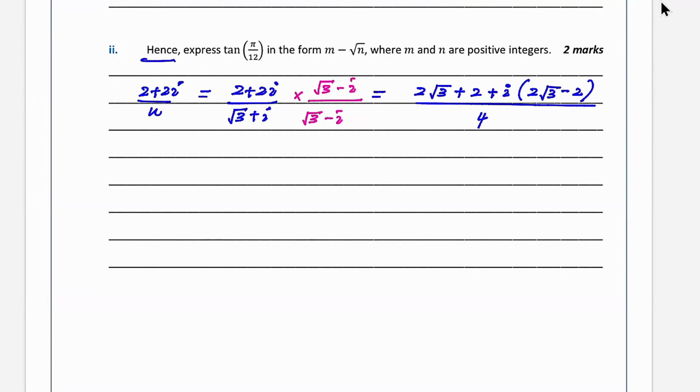Yeah. So this is going to be now square root 3 plus 1 divided by 2, plus i square root 3 minus 1 divided by 2, am I right?